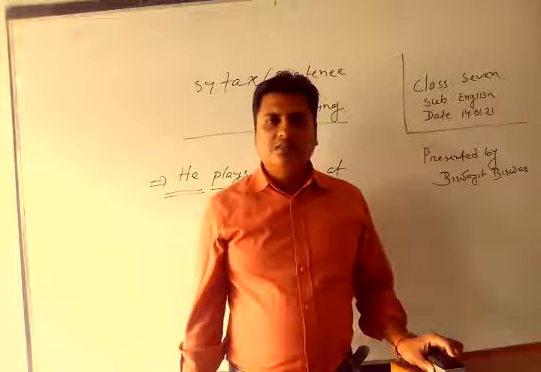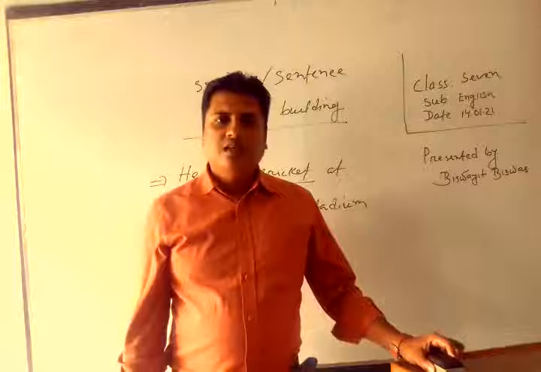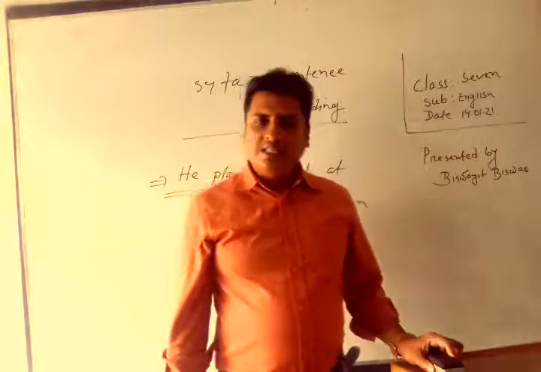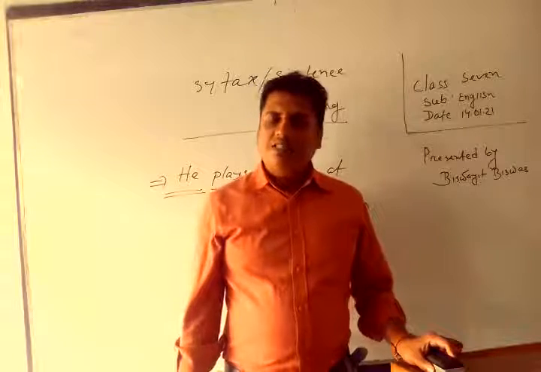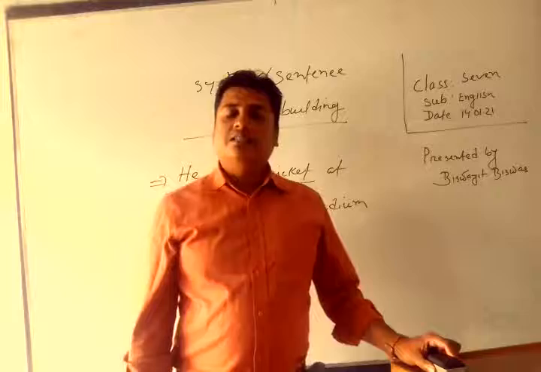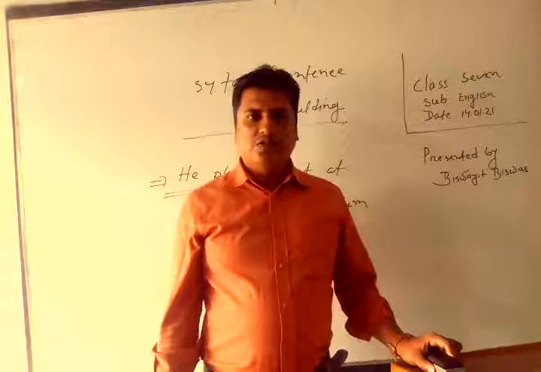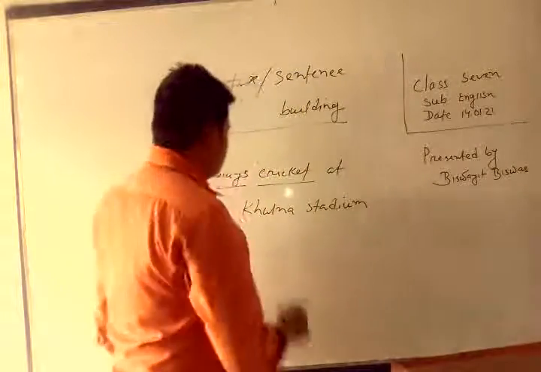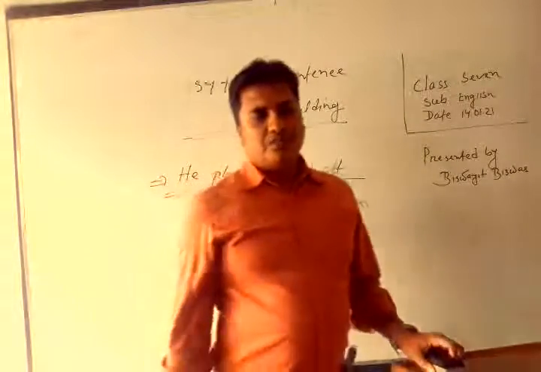In Bangla, it is called Sakarma Kriya, or in English, it is called transitive verb. After a transitive verb, we can find an object, and this word must belong to noun or pronoun. So it is clear to you. Cricket. At, the word 'at' is a preposition.